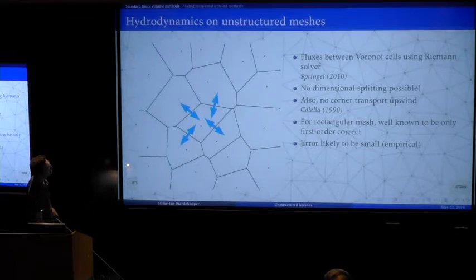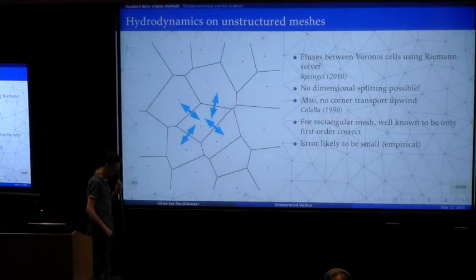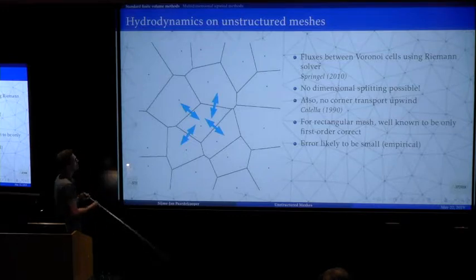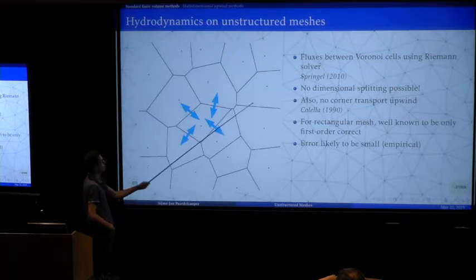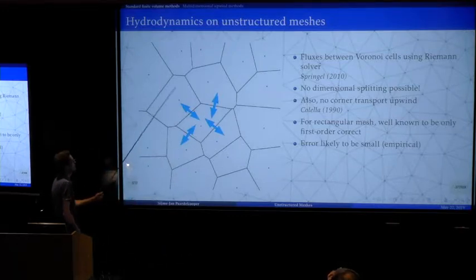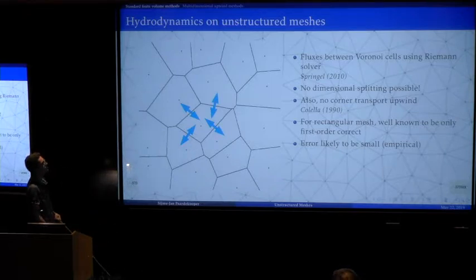But of course, in an unstructured mesh, some of the results that were derived for structured or rectangular meshes don't hold anymore. In particular, there's no dimensional splitting possible, because, well, which dimension? There's no preferential directions anymore.